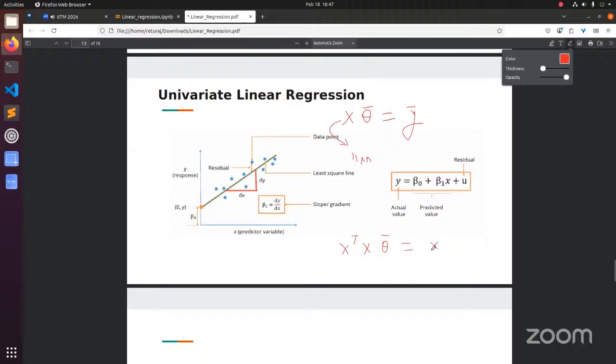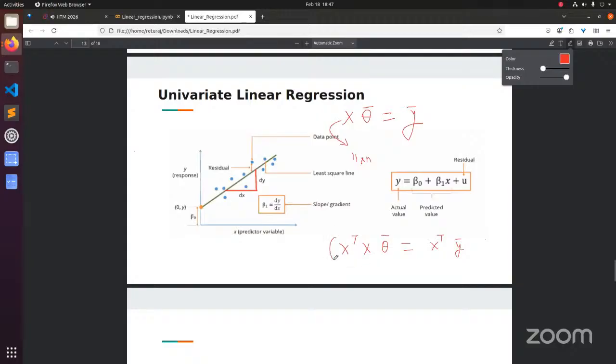We can multiply x transpose both sides, right? This equation and this equation have the same solution. We didn't do anything. It's like multiplying by 2 on both sides. We are just doing row manipulation. We multiplied x transpose both sides.